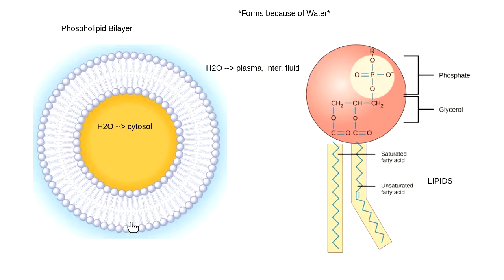See how this part's touching the water out here? And this line of circles is touching the water here in the middle. The parts of a phospholipid that are touching the water are always the head parts. The heads are always right next to the water. The tails, the lipids, they are always as far away from water as possible.